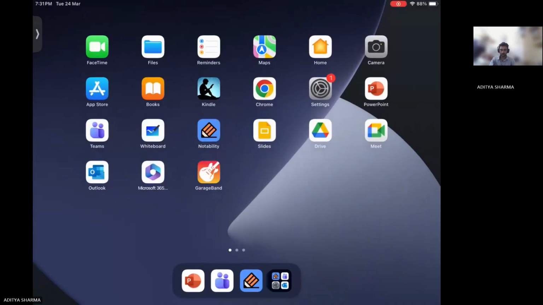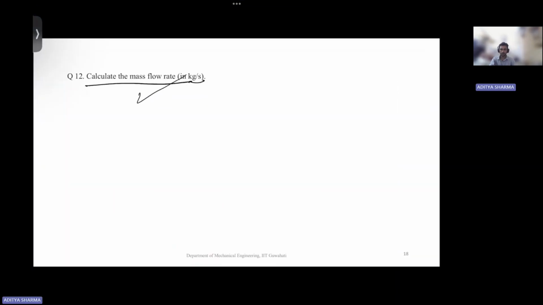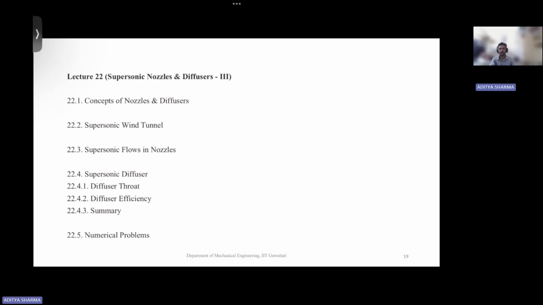Question number 12. So this is about lecture number 21, then lecture number 22, in concepts of nozzles and diffusers. So this has been discussed. Then supersonic wind tunnels, supersonic flow in nozzles, supersonic diffusers, diffuser throat, diffuser efficiency, summary, numerical problems.